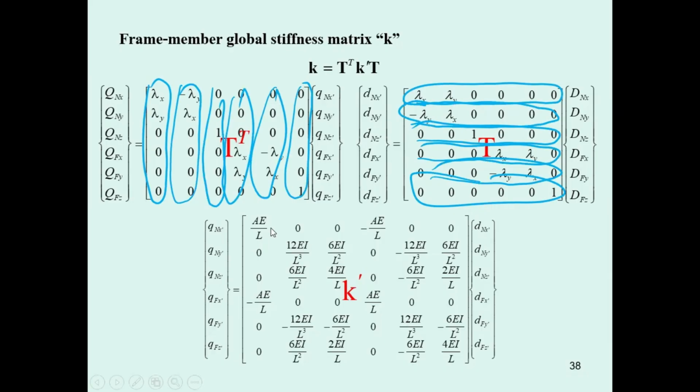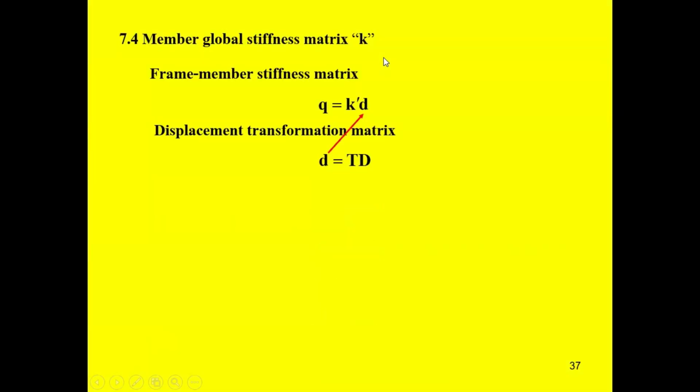Now, for derivation of the small k matrix, you have to do some matrix operation. We start over here. Then we determine the displacement transformation matrix. Put this one over here. You will get this matrix. Ajahn said this is a very important one.